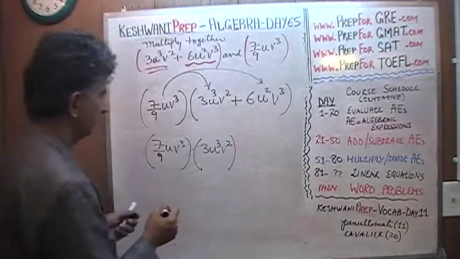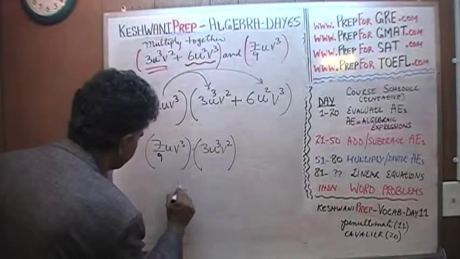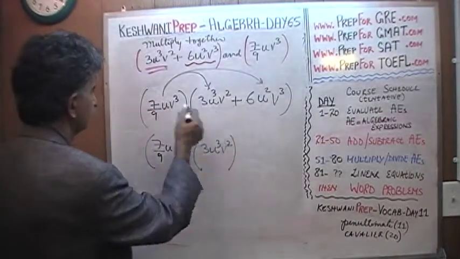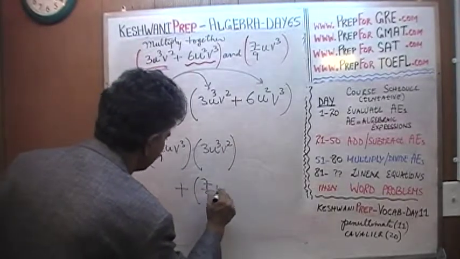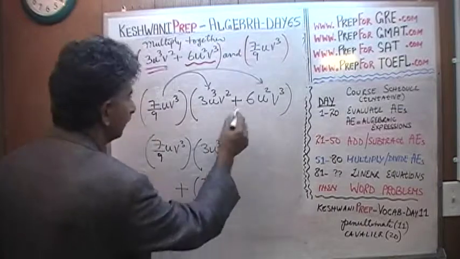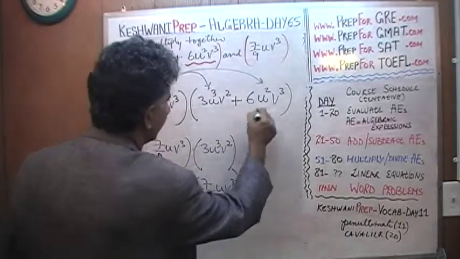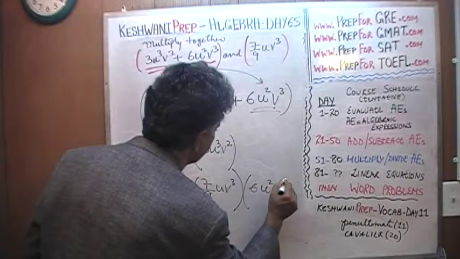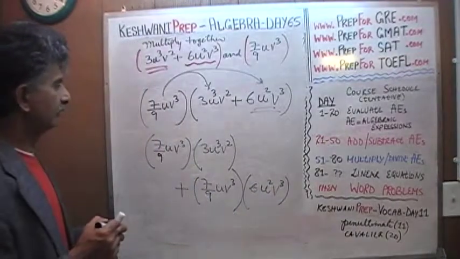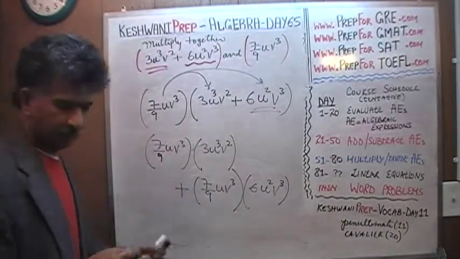That's the first one. And then we have plus, again this one, 7/9 u v cubed times 6u squared v cubed. And now we have to figure out what that is.